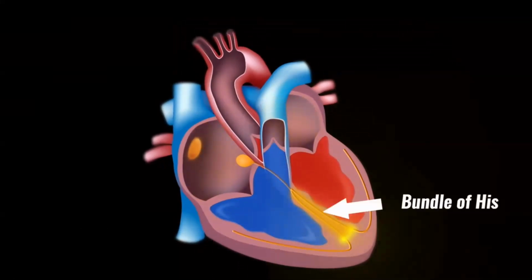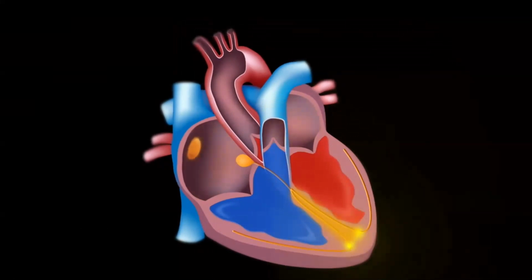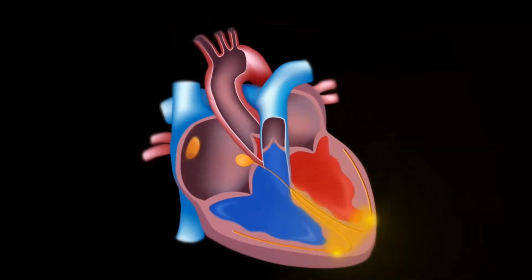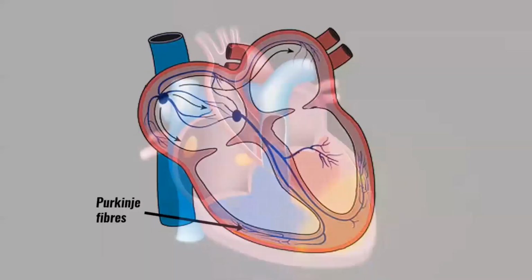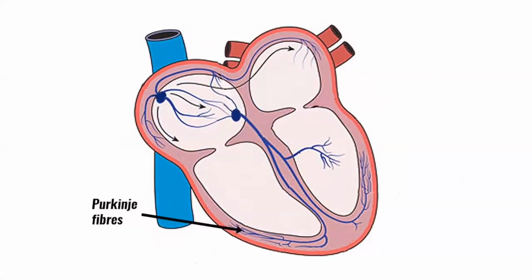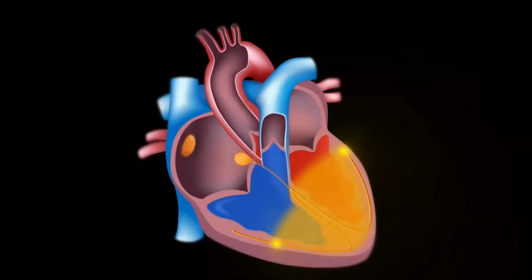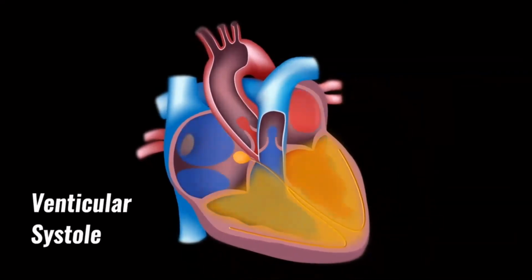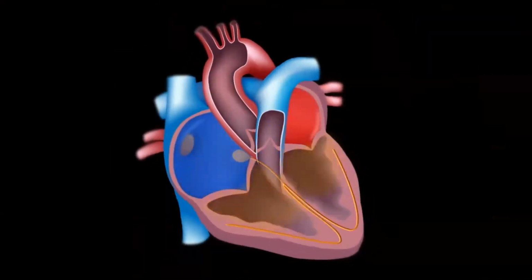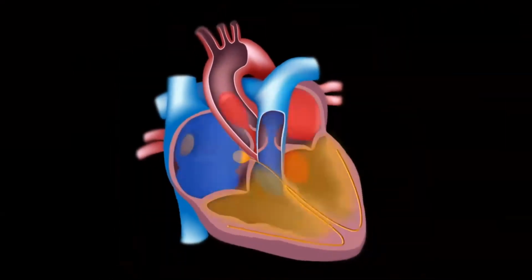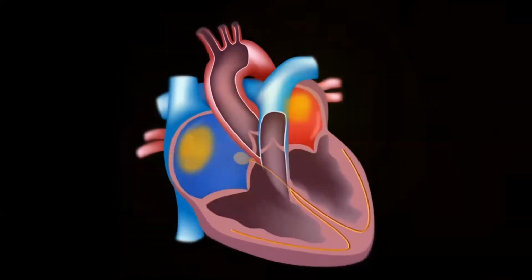Specialized nerve tissues, called the bundle of His, conduct the impulse through the septum to the tip of the ventricles. The impulse is then passed on to smaller branches that spread through the wall of the ventricles and eventually reach the Purkinje fibers. The Purkinje fibers conduct the impulse to the ventricles, causing ventricular systole, pumping blood out of the aorta and around the body. Learn more and test yourself with our simple online quizzes at teachpe.com.